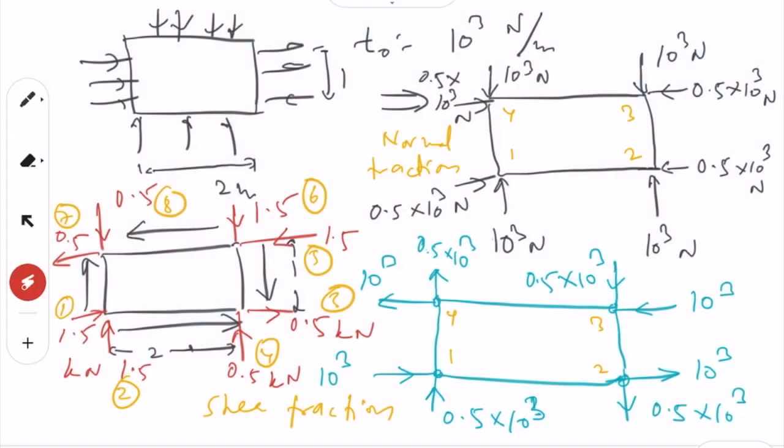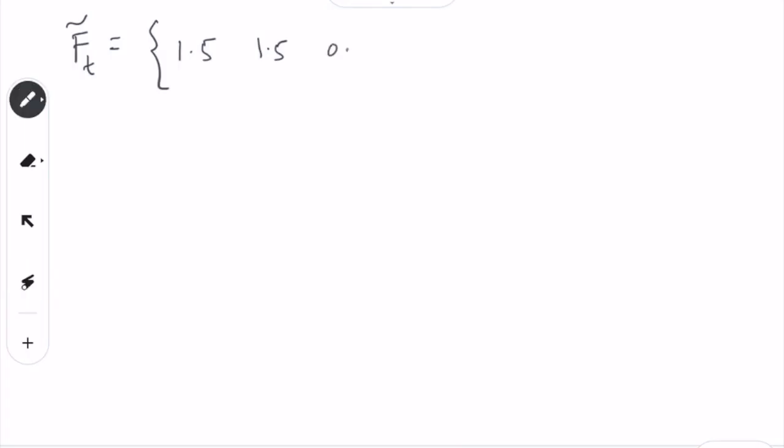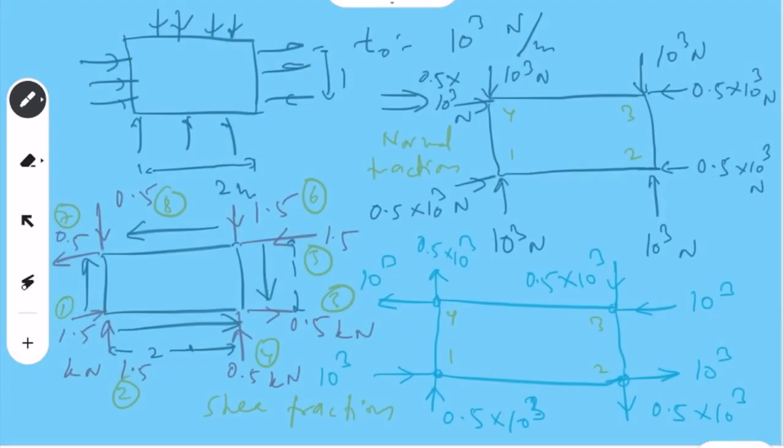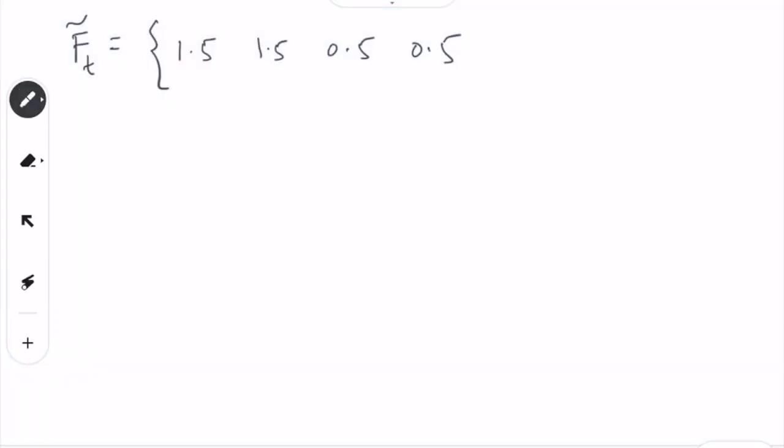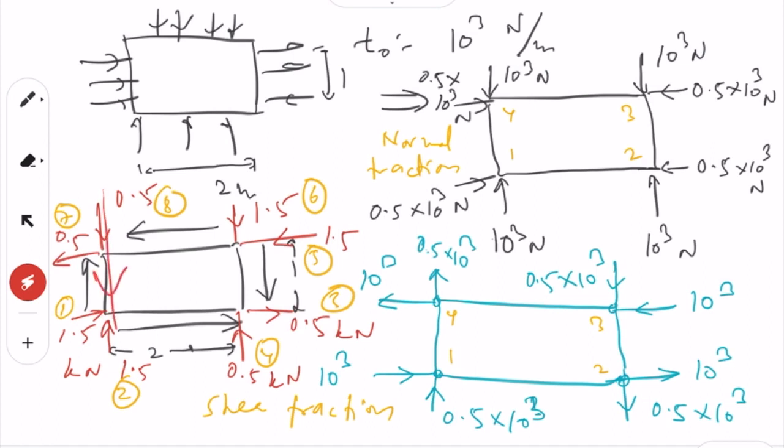Then the next is both positive in this case, positive 0.5, 0.5. Now the third, if you see, this is the negative x axis, negative y axis, so both negative: minus 1.5, minus 1.5, then minus 0.5, minus 0.5, both in the negative direction.